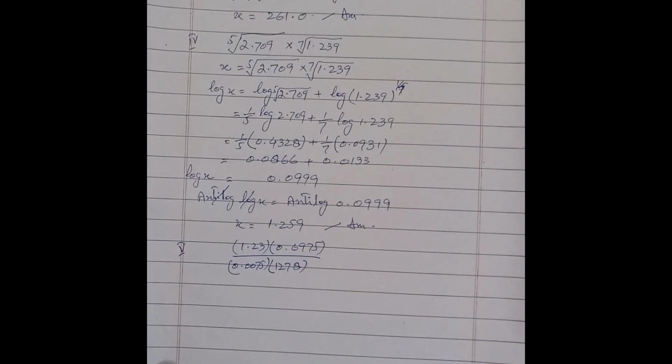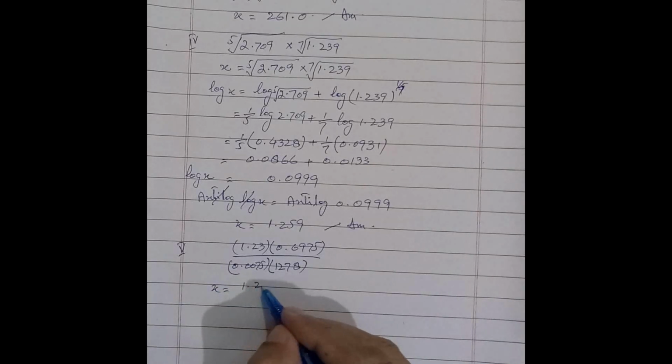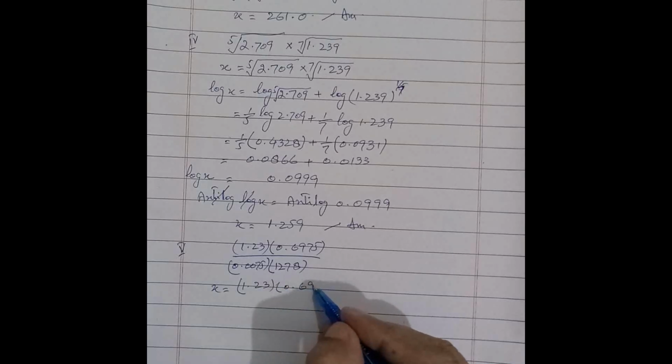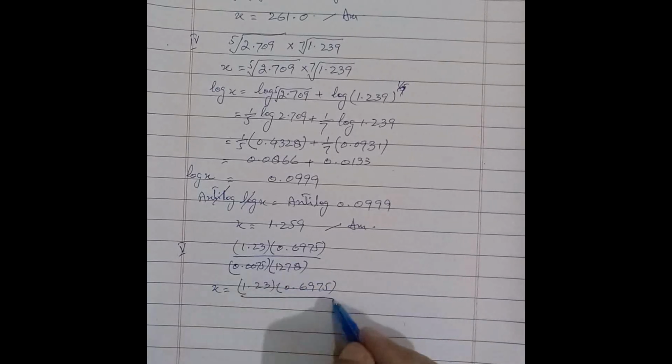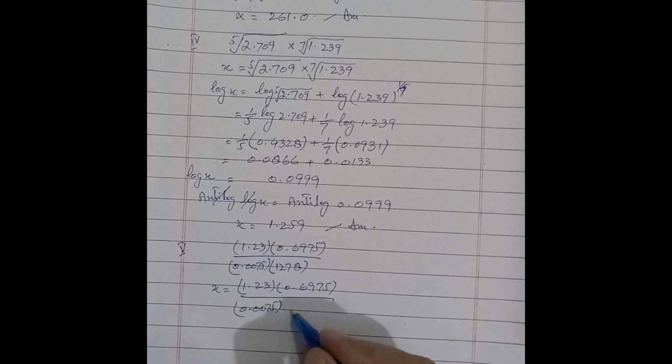This value is equal to x. We write x is equal to 1.23 and 0.6975 over 0.0075 into 1278. Now we apply log both sides.